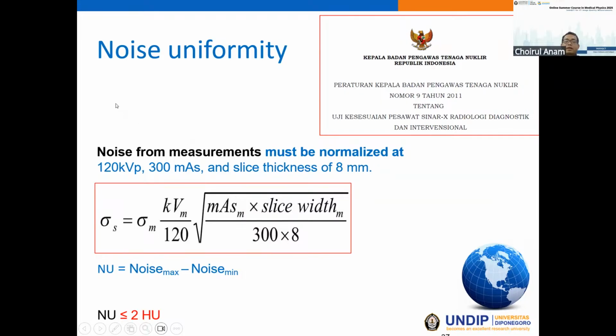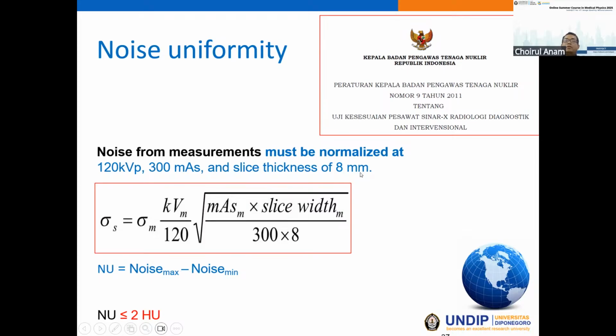In Indonesia, we should normalize our noise measurement with a tube voltage of 120 kilovolt peak, tube loading of 300 milliampere second, and slice thickness of 8 millimeters. Sometimes when we measure the image noise, we scan with different values.